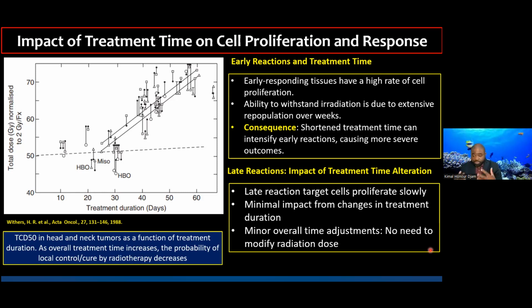Now, in this particular instance, as demonstrated by Fowler's group in 2006 in a published paper, reducing the treatment duration means that we have less time for repopulation, which can actually lead to early severe reactions.